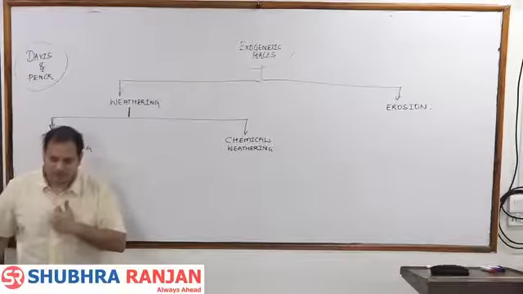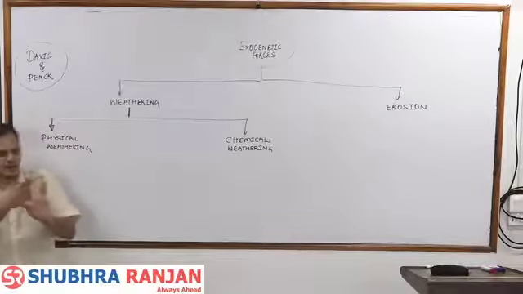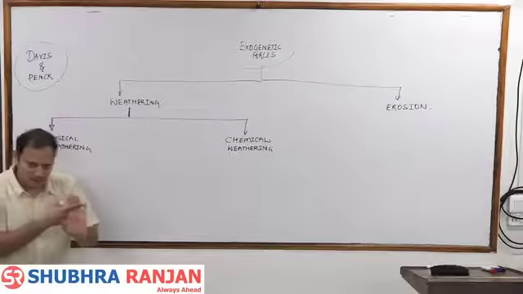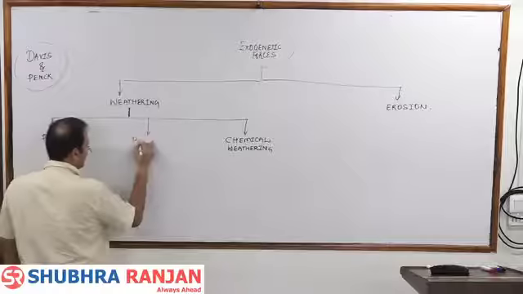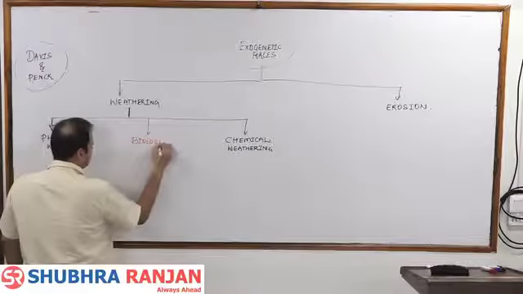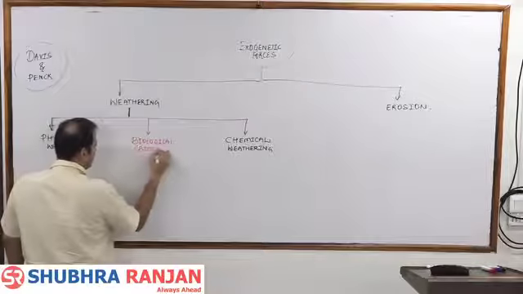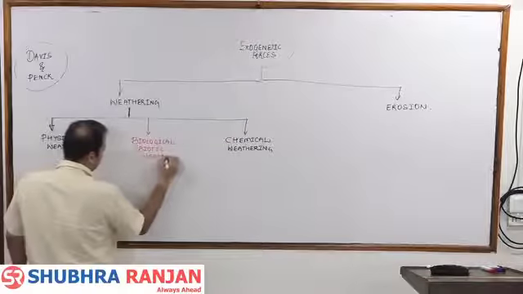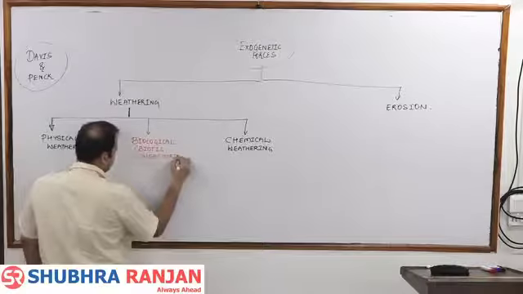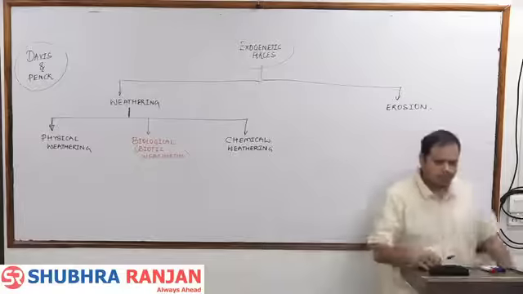But who is doing the weathering? We human beings or any living matter. It can be a tree, a plant, animals, insects. This kind of weathering is what is known as biotic weathering.